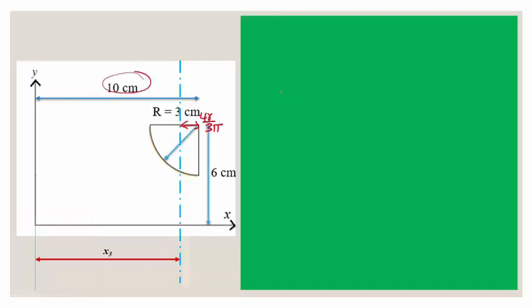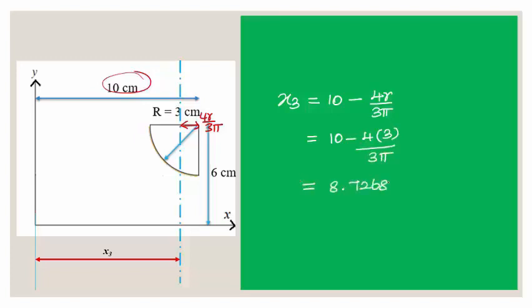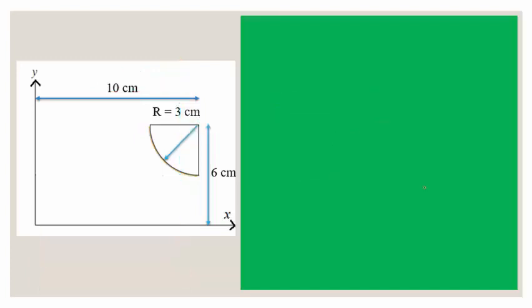So x3 is equal to 10 centimeter minus 4r by 3 pi. Okay. So 10 minus 4 into the radius of the quadrant, which is 3, divided by 3 pi. So x3 is 8.7268 centimeter.